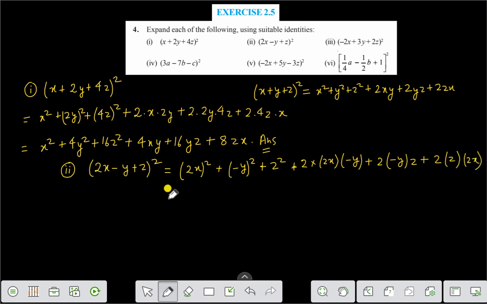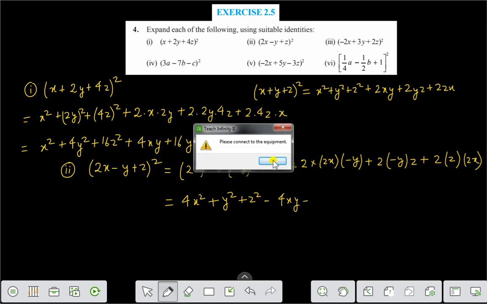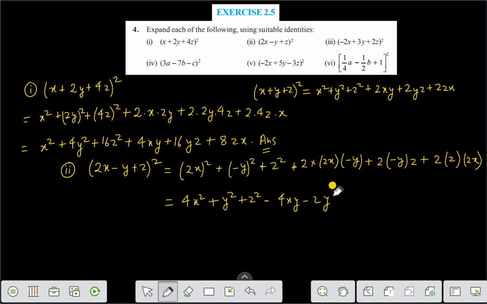Therefore we are getting 2 square, that is 4x square plus y square plus z square, 2 into 2 is 4, that is minus 4xy minus 2yz plus 2 into 2 is 4zx.